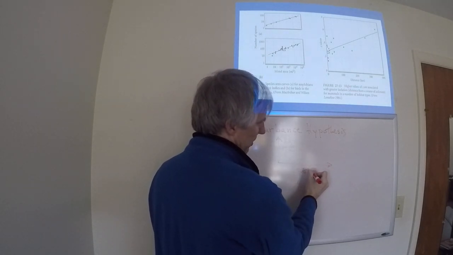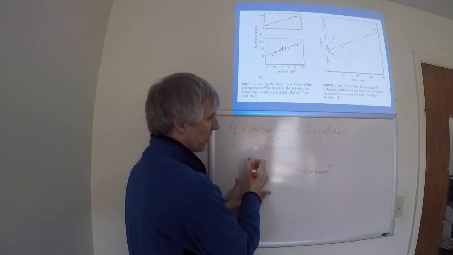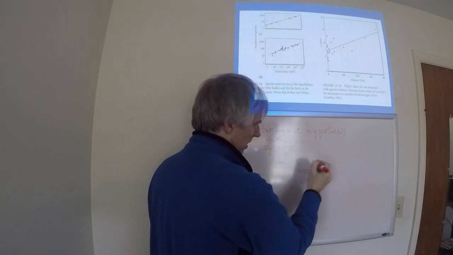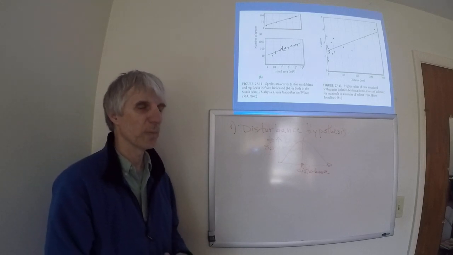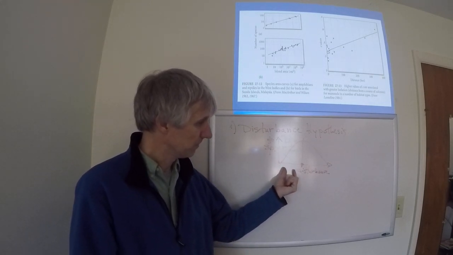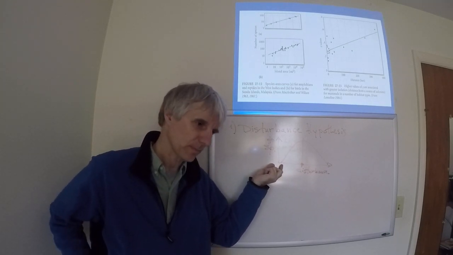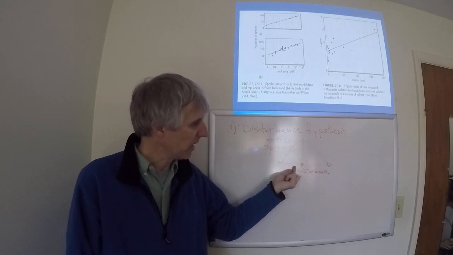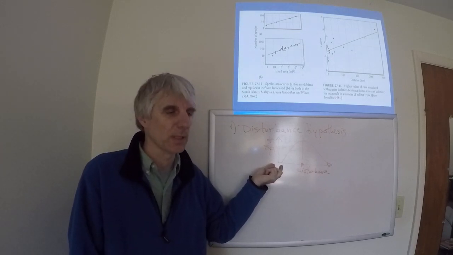We have some measure of a disturbance here, some measure of number of species here as richness, and there's some intermediate level of disturbance which gives you more species diversity. At low disturbance levels, competition becomes important. Certain species outcompete other species, and we have loss of species due to this importance of competition.